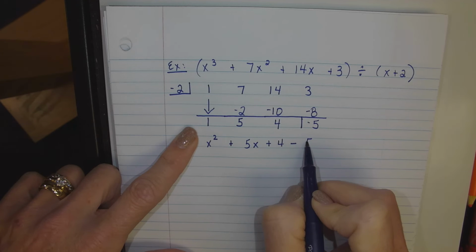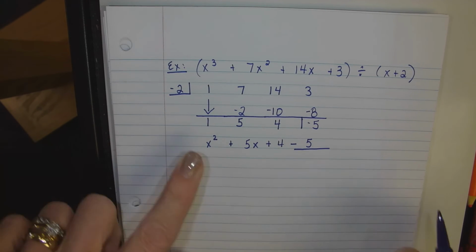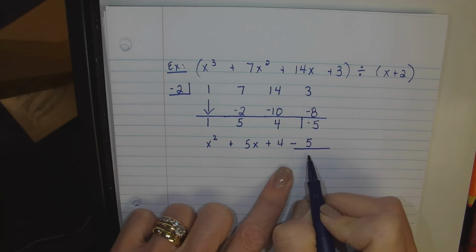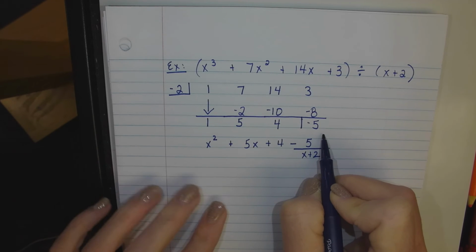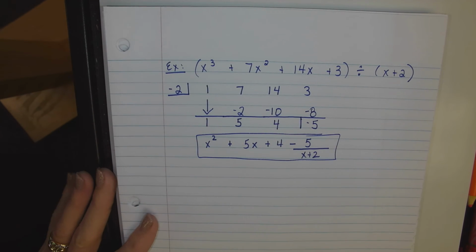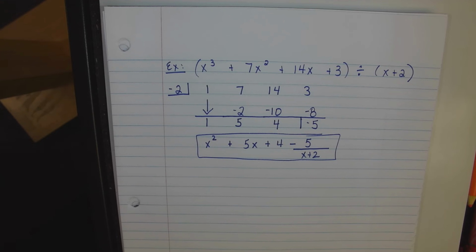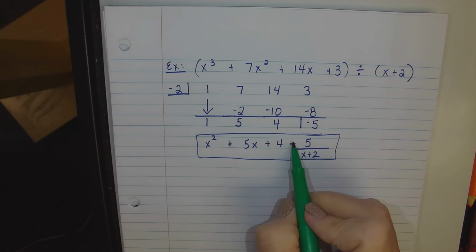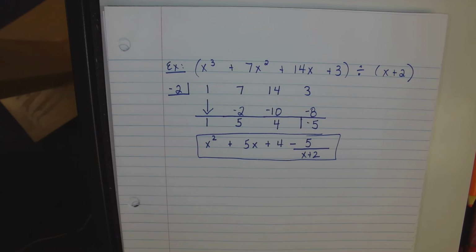Minus 5 over what? Good, yeah. So it's minus if the remainder is negative. Or you could do plus -5. Either one.